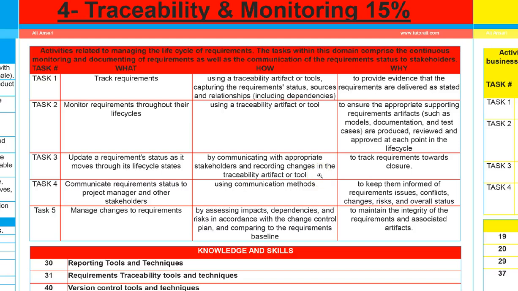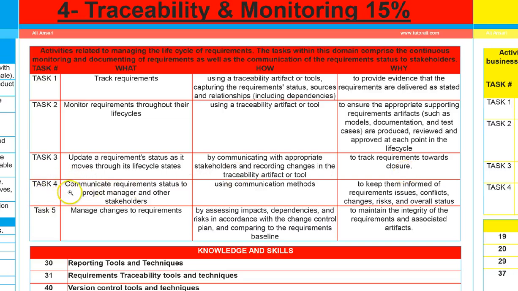So you are going to communicate all these requirements to the stakeholders on a weekly or bi-weekly basis, depending on how the communication is going to be. You're going to update them on the status as to where this requirement is. And why we need to do this is basically to track requirements towards closure.